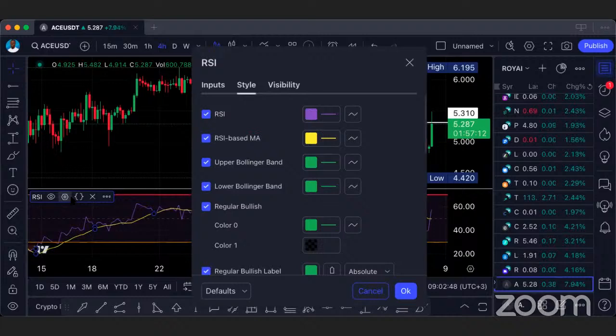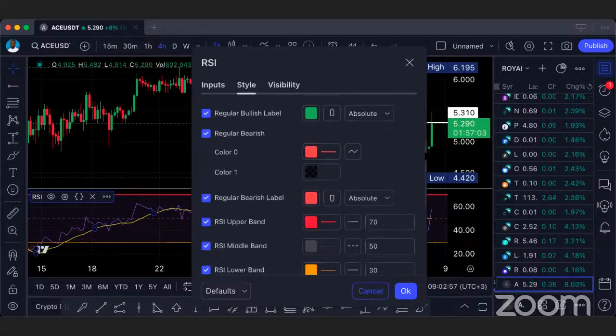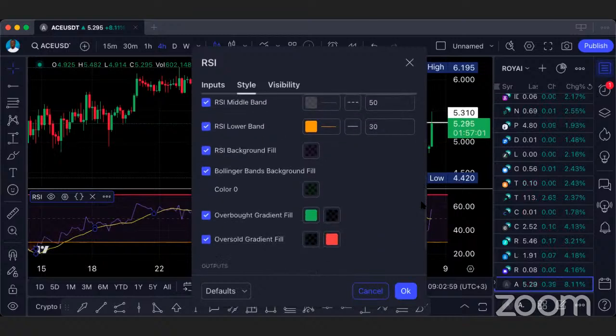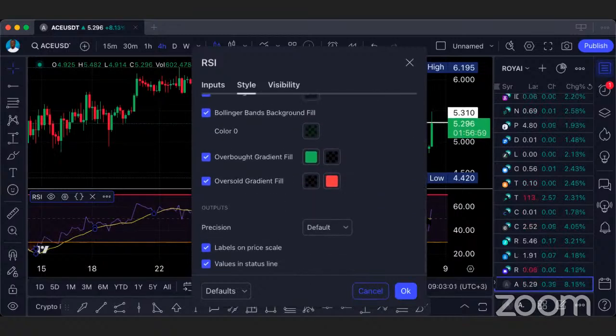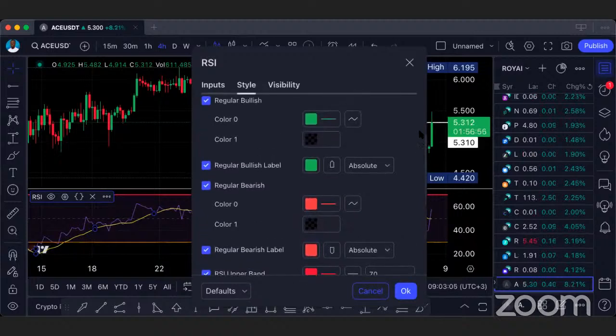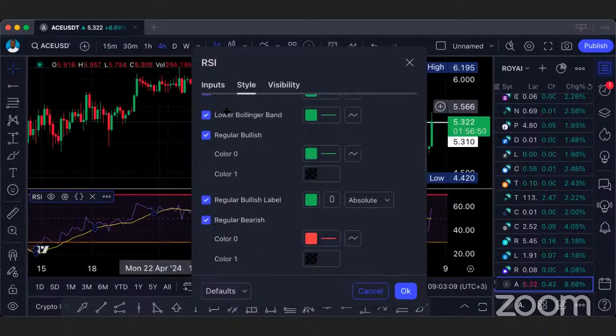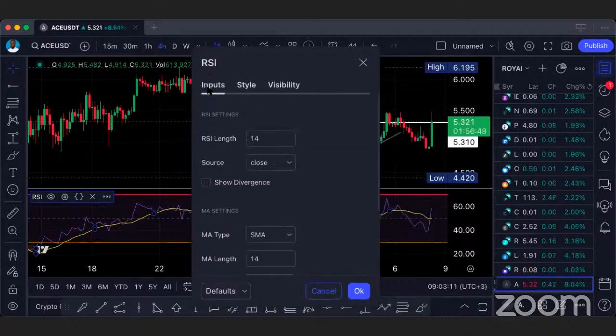So you can come here on the settings, then you come down here. Where is it? Maybe it's here on the input. Let me see. Show divergences, all right?